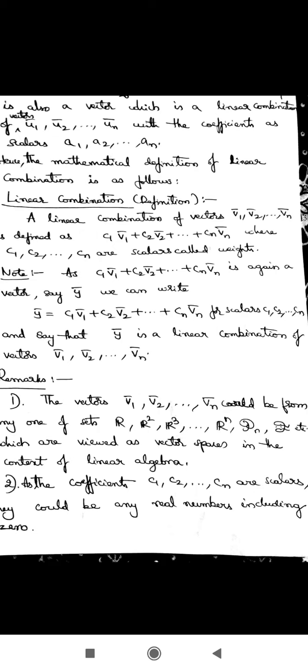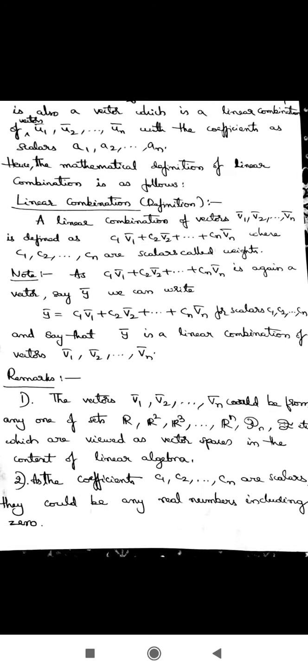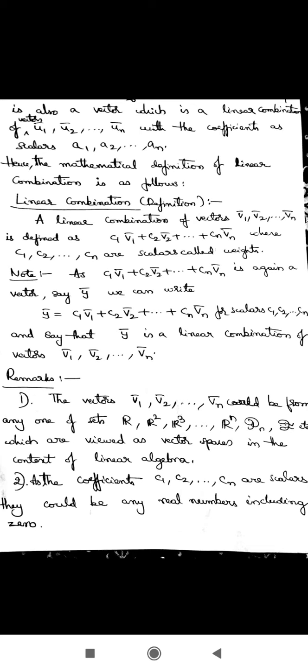And now there is a note point to be remembered, and what is that? As c1 v1 bar plus c2 v2 bar plus so on cn vn bar is again a vector, as all the scalar multiples when added give rise to a vector.